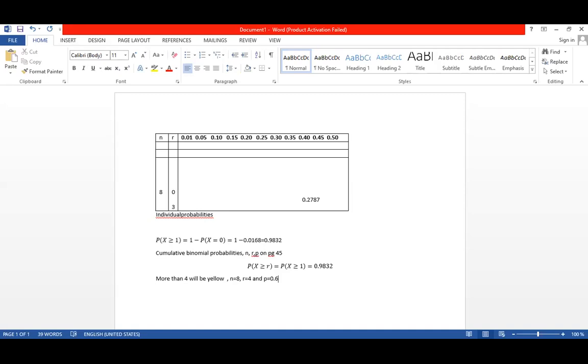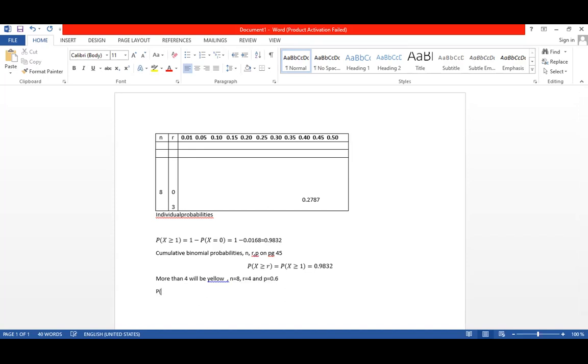Are we in a position to use the logbook? It is both yes and no. Yes, we can, when we change the probability of success. Now, if more than 4 will be yellow, can we relate it with being red? How many will be red? Less than 4.